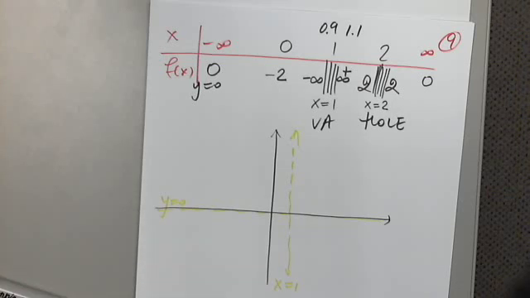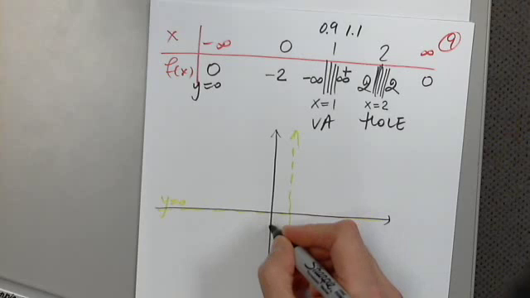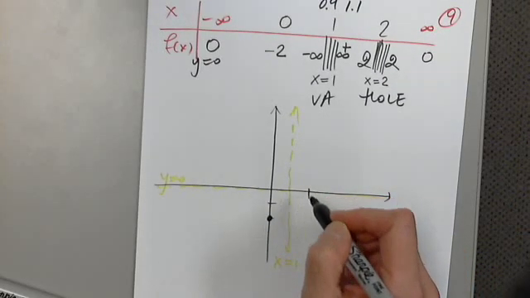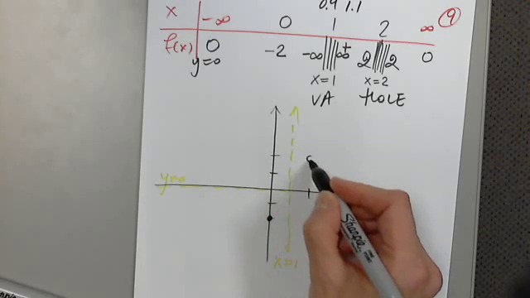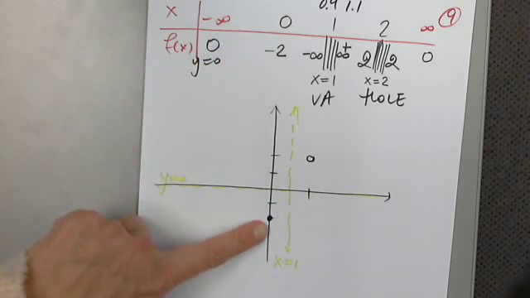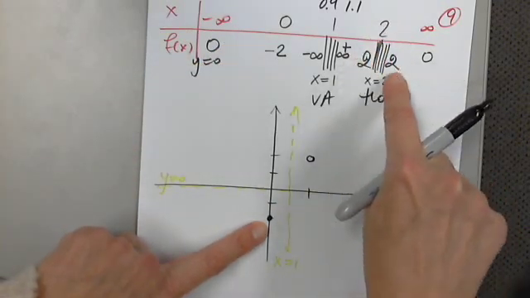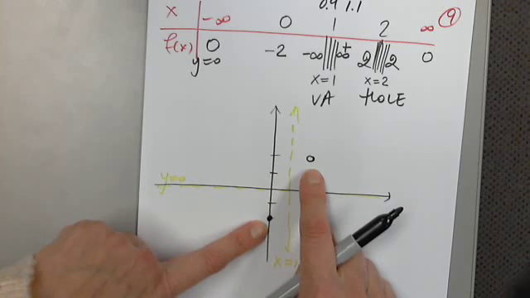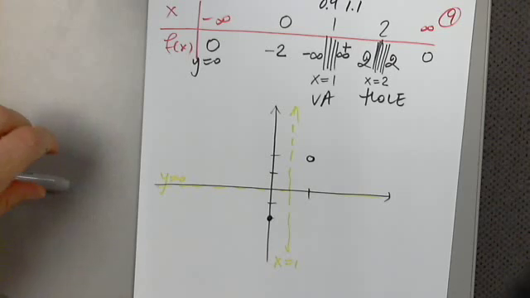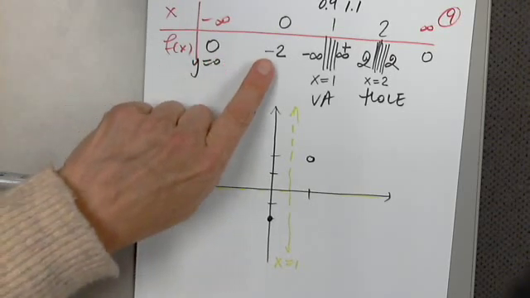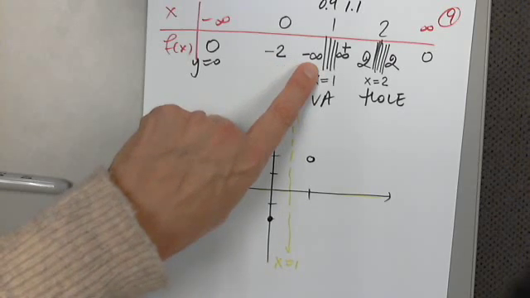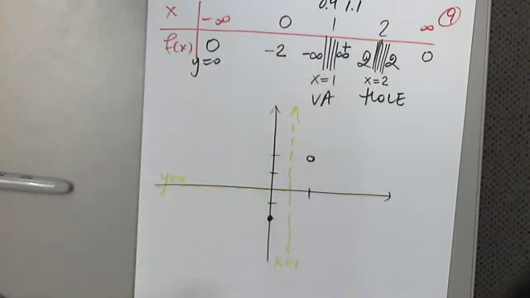So now I'm going to plot the points. I only have (0, -2), which is here, and I have (2, 2), which is here. (0, -2), and (2, 2). Ready? From approaching 0 down to crossing the y-axis at (0, -2), approaching negative infinity on the left-hand side of the vertical asymptote.